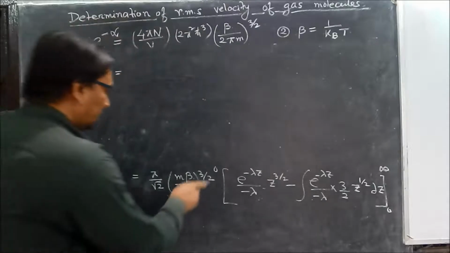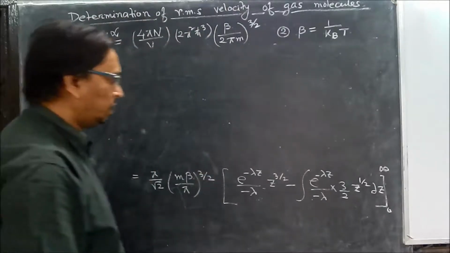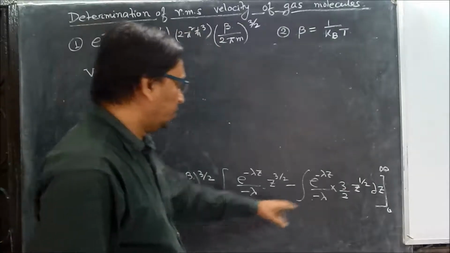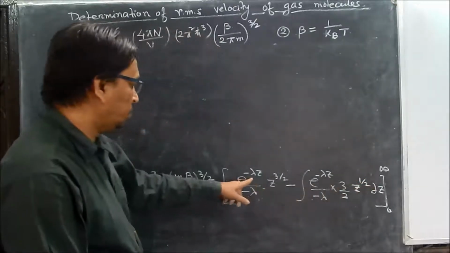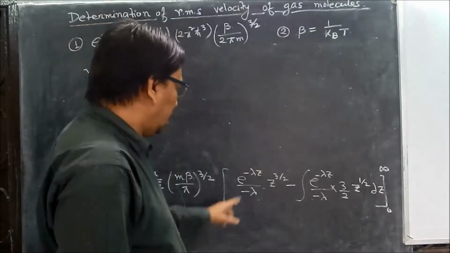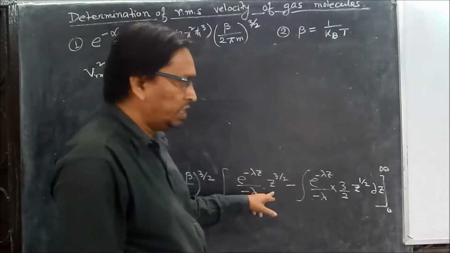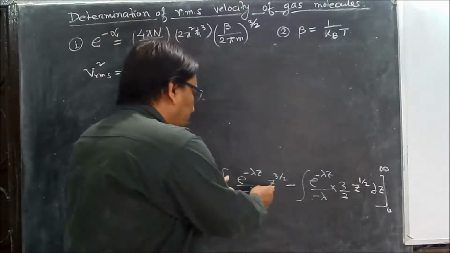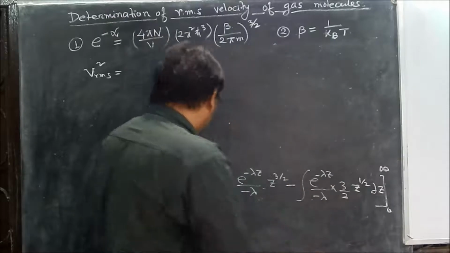Now if we take this limit, if we put infinity here, this will give you e to the power minus infinity, the meaning of which is 0, and if we put 0 here, this z will give you 0. So upper limit and lower limit, this part will be 0 ultimately. The remaining part is this one only.